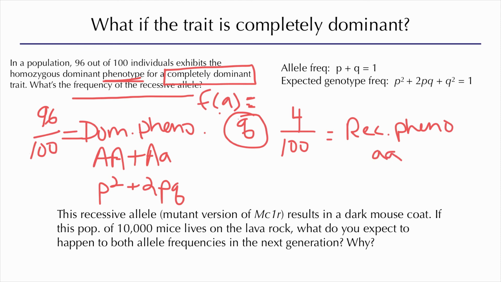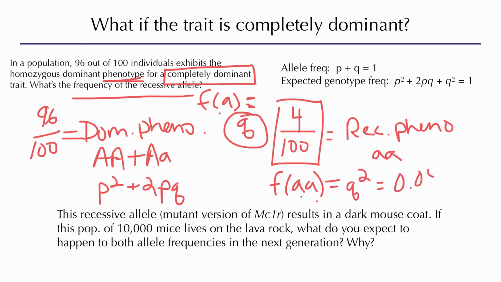So what we have here is the frequency of little a, which, if you remember, that's two letters, so that's q squared. All right, so q squared equals 0.04. I just divided 4 by 100. But what they're asking us for, remember again, is q. So take the square root of 0.04, and that's going to give you 0.2.